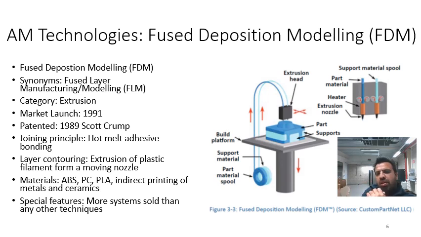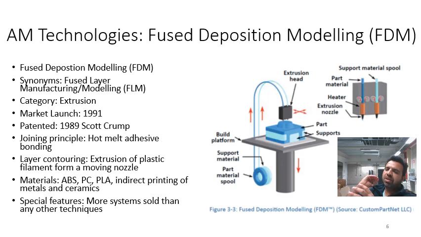Layer contouring is performed by extrusion of a plastic filament through a moving nozzle. That moving nozzle contains a heater, and this whole equipment is generally called the extrusion head, and rollers are used to force the plastic filament into that head, where it is being molten because of the high temperature created by the heater.